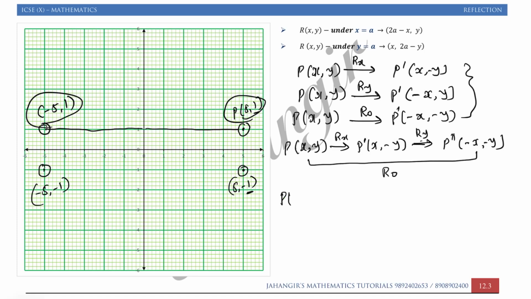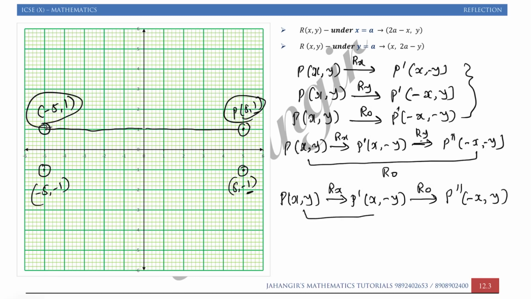Same way, again P (x, y), when reflected in the x-axis, you will get (x, -y). Again it is reflected in the origin. In the origin we change the sign of both coordinates: (-x, y). So for a single transformation, if you see, here it was (x, y), here it is (-x, y). So its x coordinate had changed sign, so it is obviously reflection in the y-axis. This is called a single transformation. Same way, you can try the others on your own.